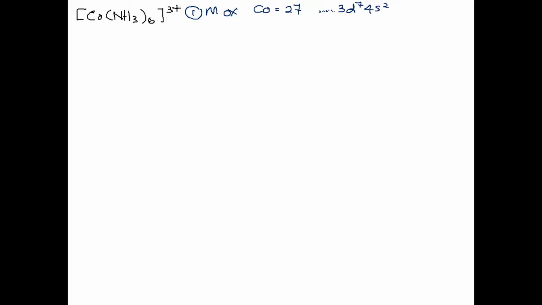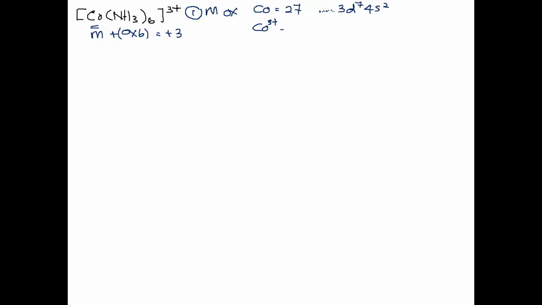Okay, and then you have to find the oxidation number of the cobalt. So it has NH3, or ammonia, as its ligand. So the charge for ammonia is 0. So the metal oxidation state will be 0 times 6, which gives plus 3. So it means that cobalt is 3 plus.